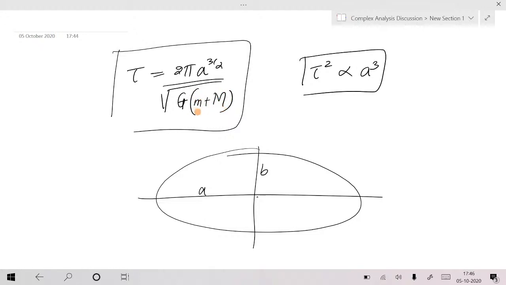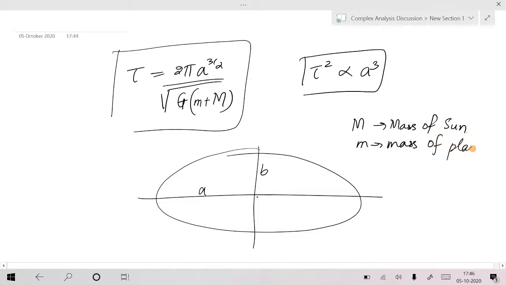Again here it comes as m1 plus m2, where capital M is the mass of the sun, and small m is the mass of the planet.